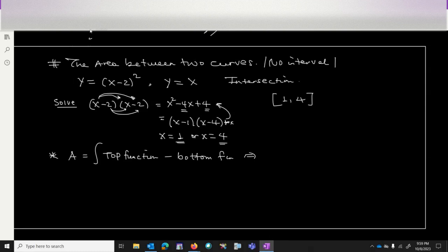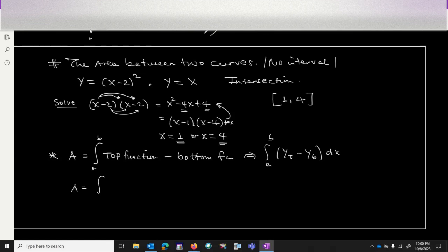This means simply the integral of y top minus y bottom, in short, times dx, from a to b. So you have to remember this one. This is very important. So let's go to my problem. A is equal to the integral.